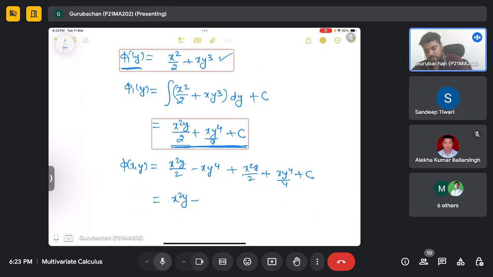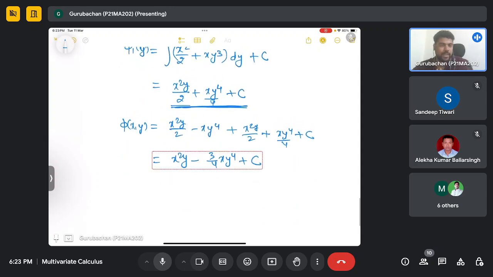So this will give us 3 by 4 xy to the power 4 plus c. So for the time being, we assume that this is our phi function. Now calculate its gradient. Its gradient will give us x square minus 3 by 4 y to the power 4.